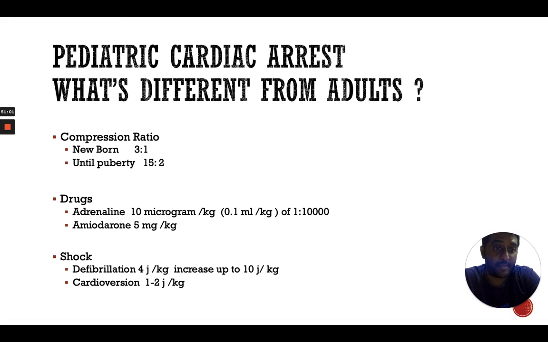So in pediatrics, one vial can be used multiple times: you dilute the 1 mg of adrenaline, 1 in 1000, into 1 in 10,000, and the dosage is 0.1 ml per kg. Amiodarone is 5 mg per kg. For shock, defibrillate at 4 joules per kg, and you can gradually increase up to 10 joules per kg. Cardioversion is usually 1 to 2 joules per kg.